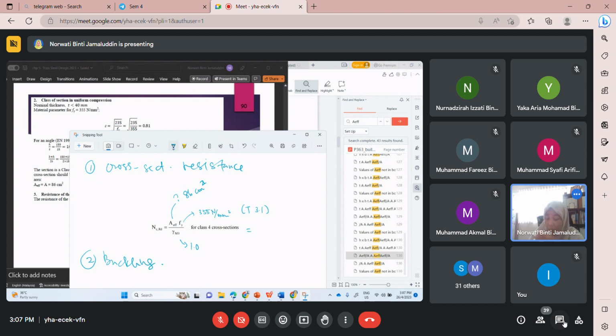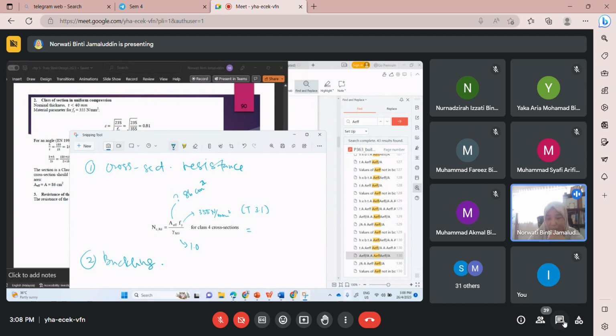For intermediate and slender, apart from the cross-section capacity, buckling is prone for such a member. So you need to evaluate the buckling capacity.